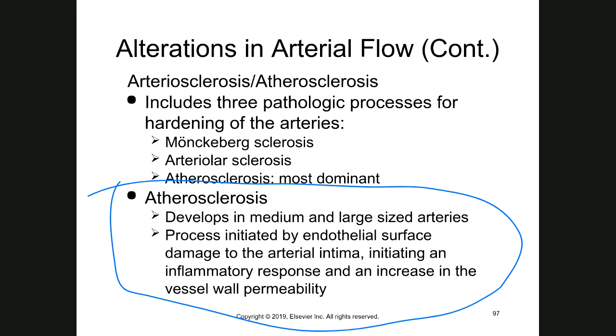The initiation is damage to the endothelial surface, in the arterial intima, and the inflammatory response that follows will continue making damage inside of those vessels. It's here that you need to pay your attention, okay?